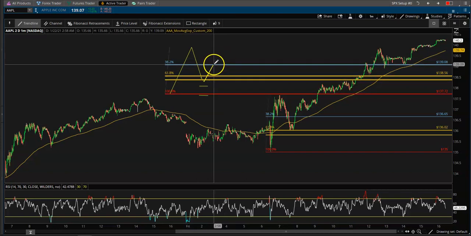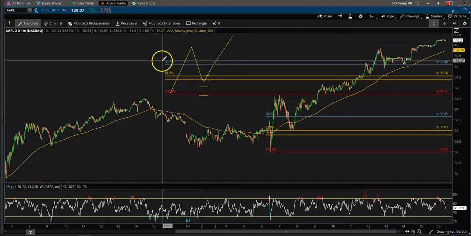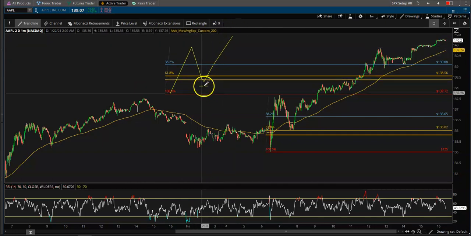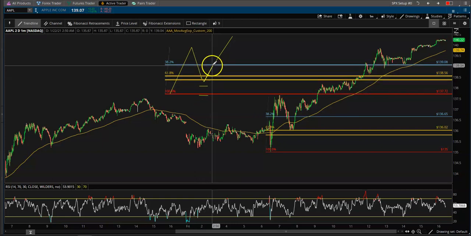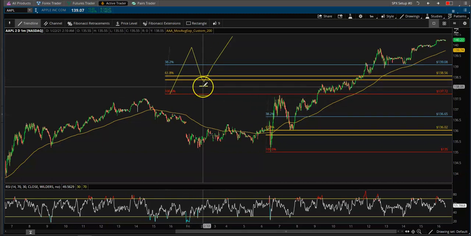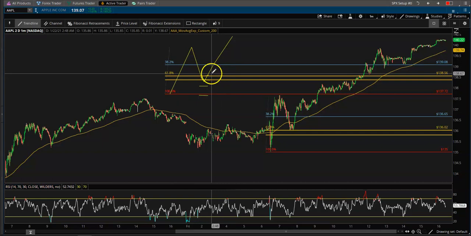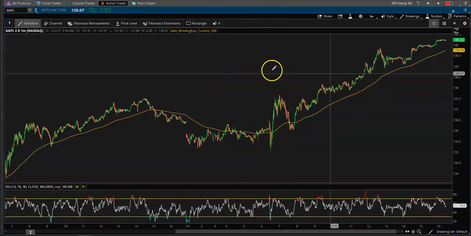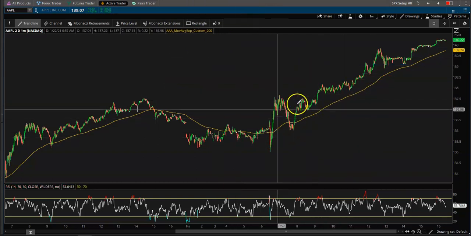Or if you want, you could scale out, look for higher highs as you're scaling out, and maybe keep moving your stop loss higher. Once you break above here, if it rolls back over, you probably don't want to be in that swing low anymore. So I hope that gives you a quick description of what the strategy is. Now, with all that being said, let's look at some telltale signs.